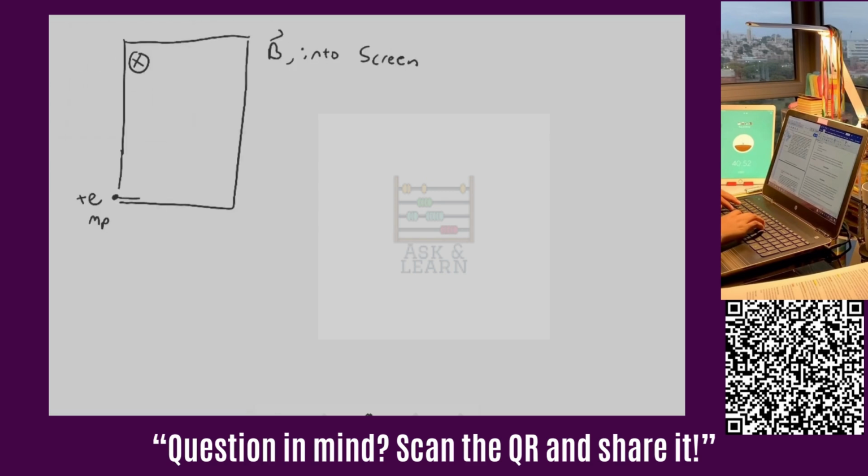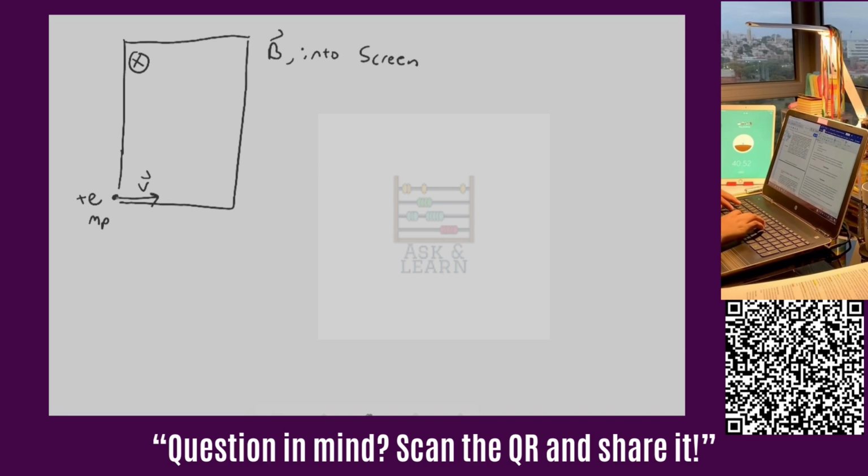If a proton enters this region here with some velocity v, it's going to follow a circular path. But we're asked to find what the magnetic field needs to be in this mass spectrometer such that this proton just doesn't hit the other side of the plate of the mass spectrometer.